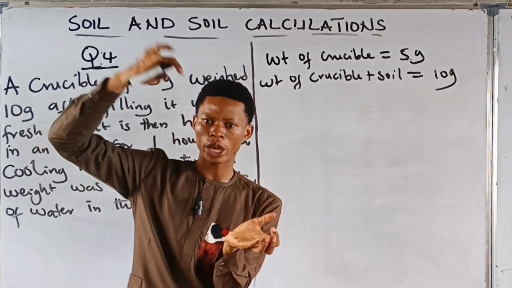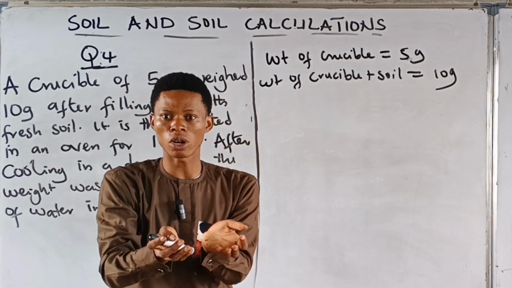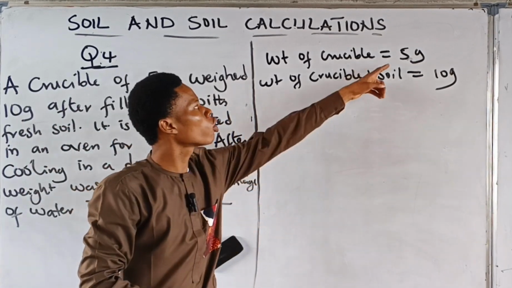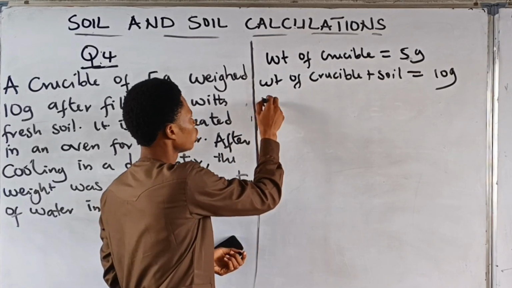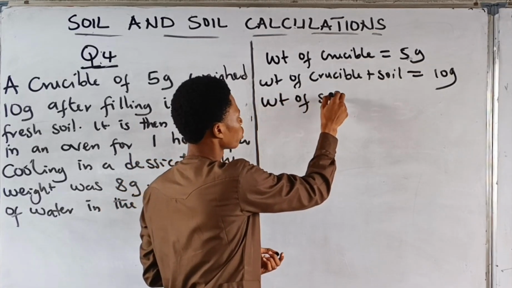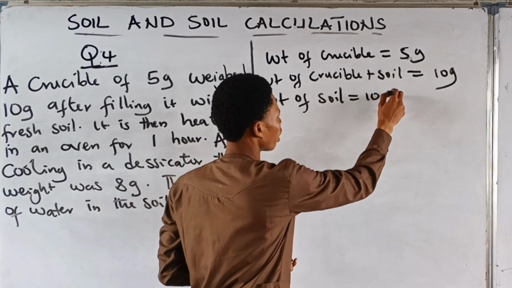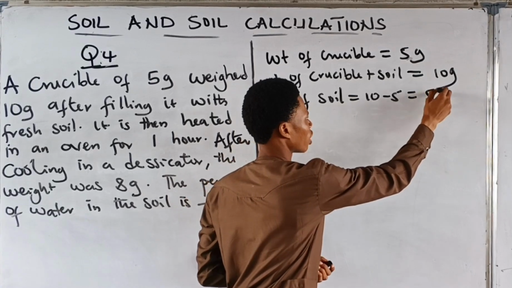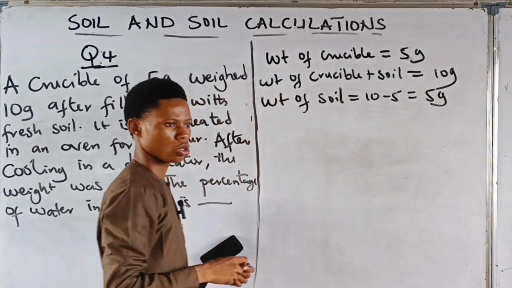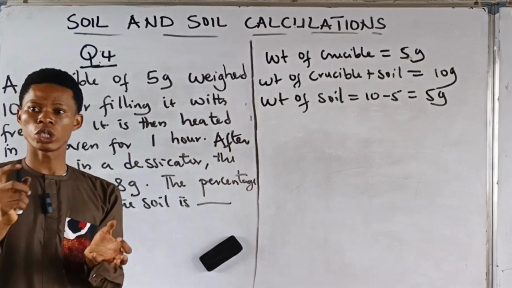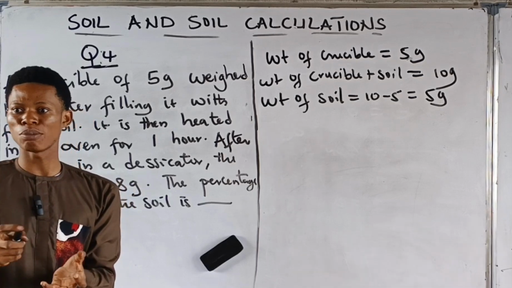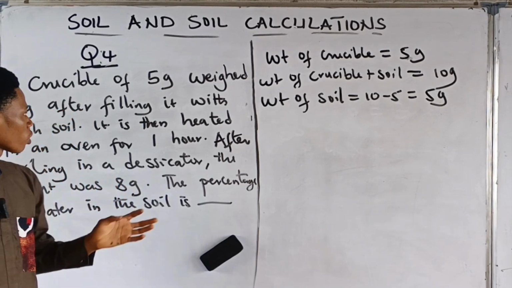You now put soil inside the container. The total weight becomes what? 10 grams. So if the container alone is 5 grams, the weight of the soil will be 10 minus 5, right? Which is what? 5 grams. So weight of soil is 5 grams. Do you understand? The container alone is 5. The container plus the soil is 10, meaning the soil alone is 5.